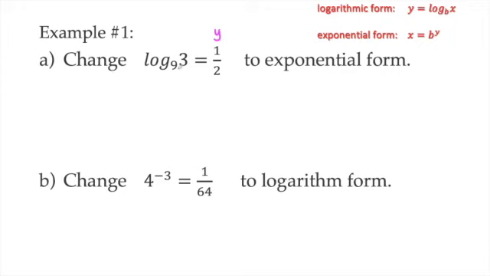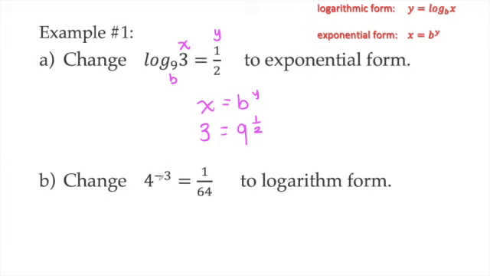Your log's subscript is your b, and the number beside that is your x. Exponential form is x equals b to the exponent y. So your x is going to be 3, your b is 9, and then you have a half there. And it makes sense: what is 9 to the exponent of half? The square root of 9 is 3.